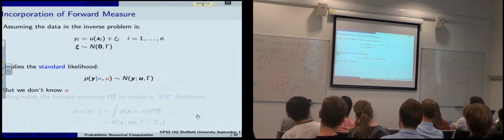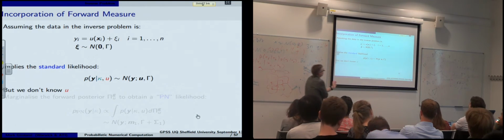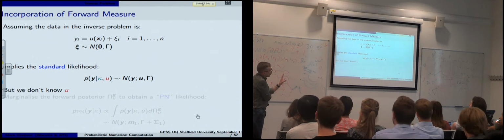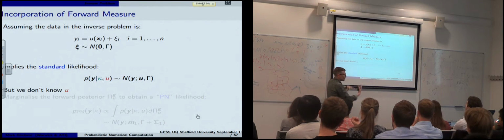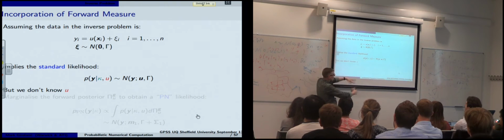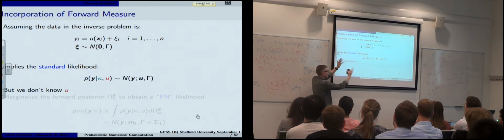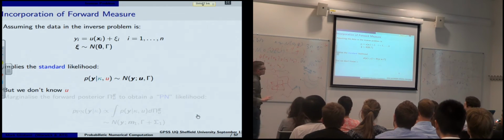Again, this is a very simple example, and I'm really just putting this down so that we can get the ideas across, and I'm not cluttering up the presentation with MCMC that has to be used, or approximate methods that have to be used. This is all nice and simple.